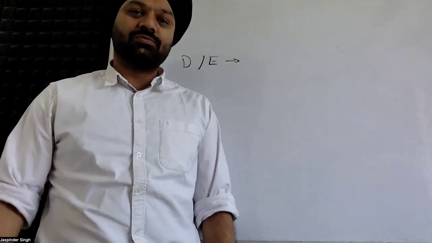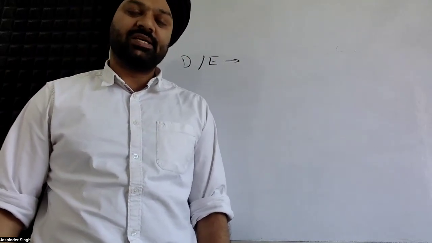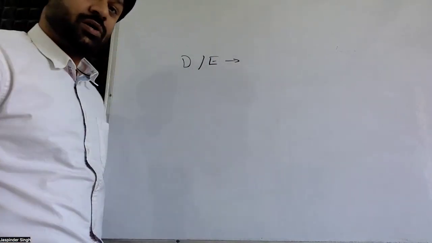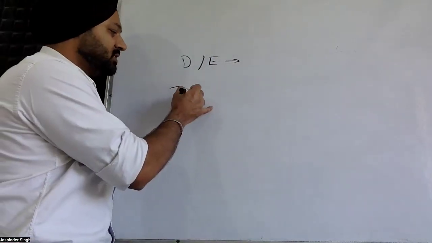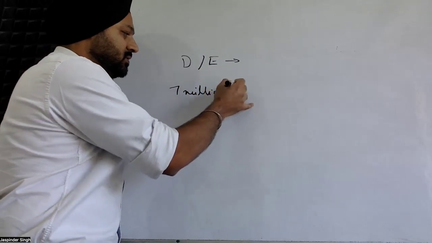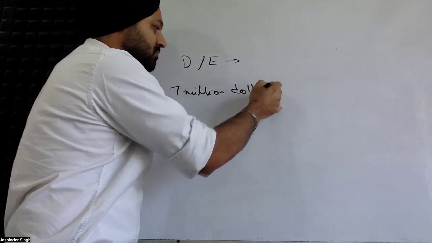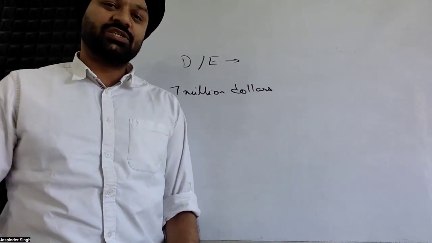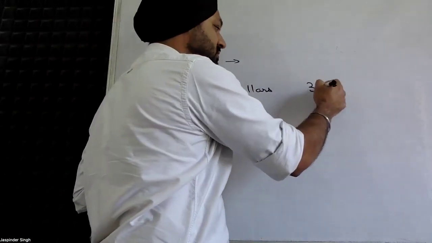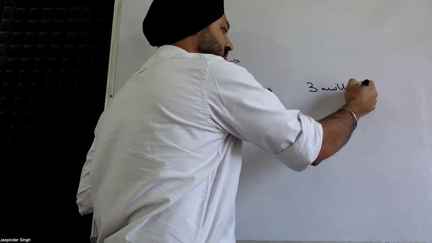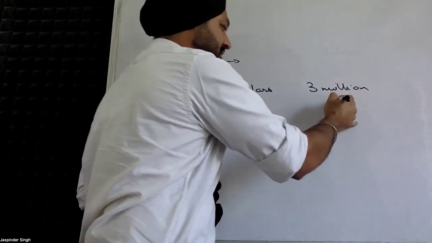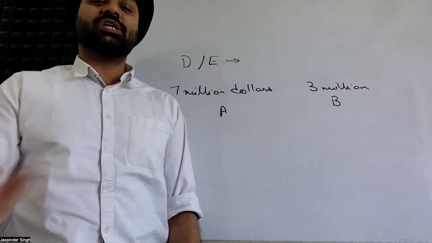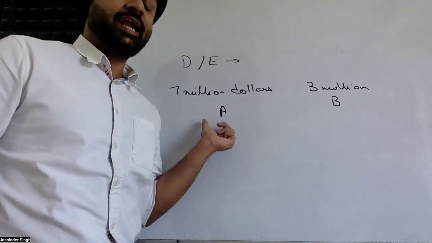Your friend comes to you, he says, person A is very rich. He is having $7 million. And the other person is just having $3 million. Person A is richer than person B. You just ask him a question, has he taken any debt?